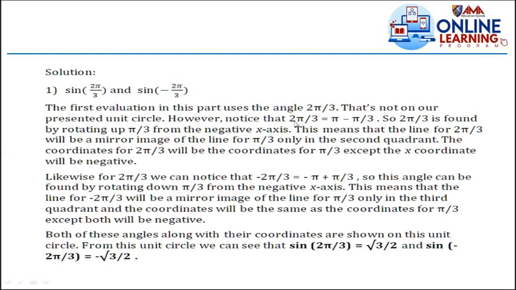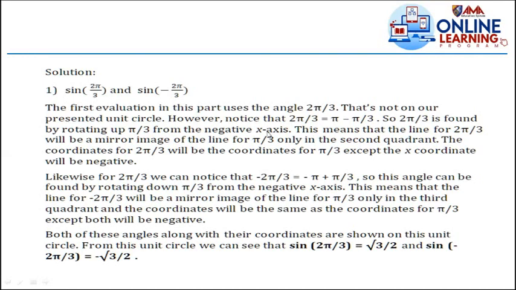However, we notice that 2 pi all over 3 is equal to pi minus pi all over 3. So this one is 2 minus 1, kaya naging 2 pi all over 3. It is found by rotating up pi all over 3 from the negative x-axis.